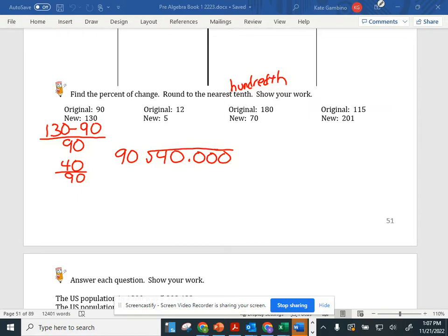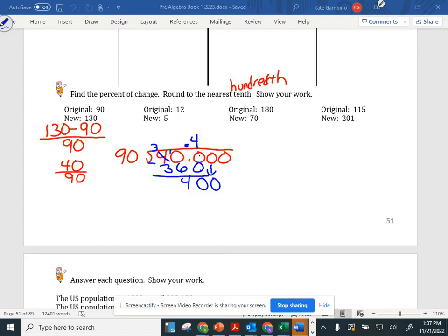So 90 into 40, can't do, so we have to do 90 into 400, which is 360, because 4 times 0 is 0, 4 times 9 is 36. We subtract that, 0 minus 0, but I can't do 0 minus 6, so I have to borrow. 10 minus 6 is 4, and I'm going to bring down my 0.